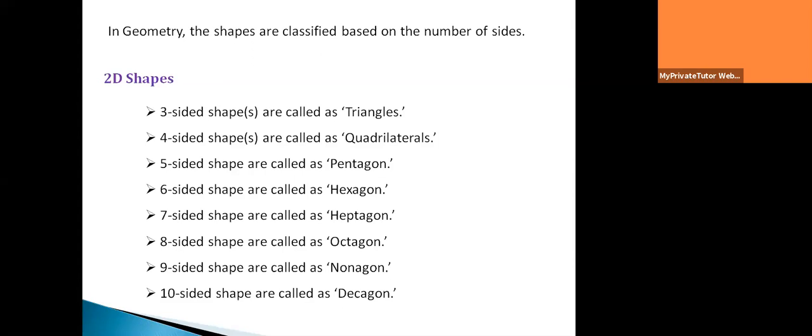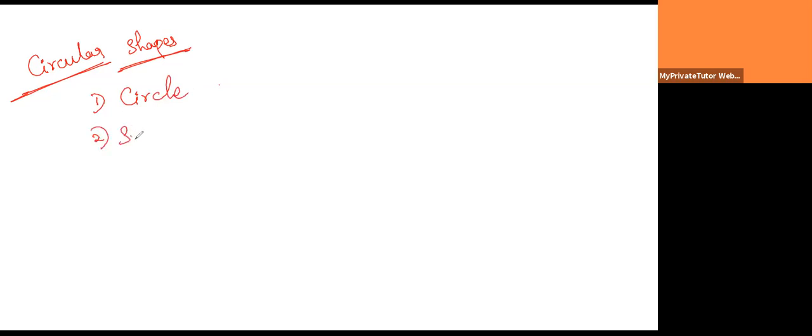Let's go to the whiteboard and let me explain. I hope you can see the whiteboard. Other than the ones I showed in that slide, we have circular shapes. What do you mean by circular shapes? It looks like a circle. So that's a circle, or a semicircle, which is half of a circle.